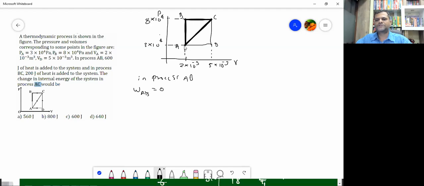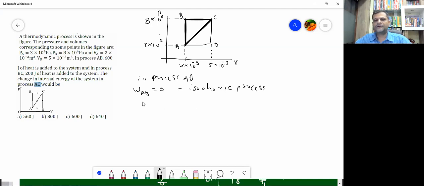Because the process AB is going to be a constant volume process, right? और वैसे भी देखो AB के नीचे कोई एरिया तो रहने वाला ही नहीं है. No area will be there below this curve AB, and that's why the work done in the process AB is going to be 0 because it is an isochoric process, and already we have seen that in case of isochoric process no work is to be done, right? That's why work done will be 0.